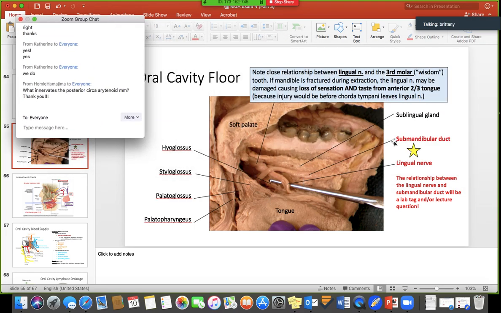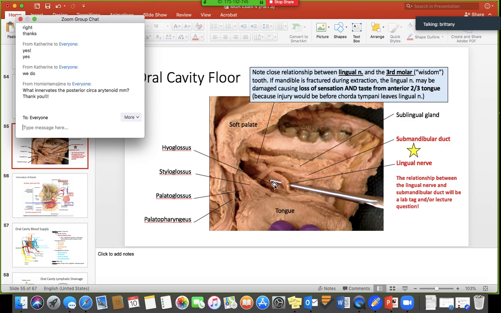Yes, here it is. Okay, so this relationship right here between the lingual nerve and the submandibular duct. You can see how it crosses here, and then the lingual nerve runs underneath the submandibular duct. I would do your best to find this relationship in lab, or you can just remember this picture.